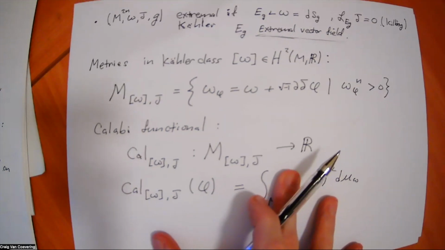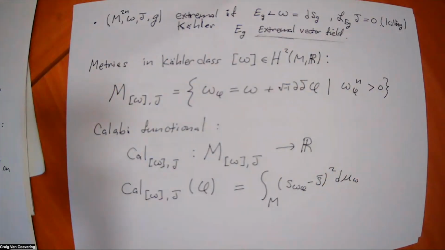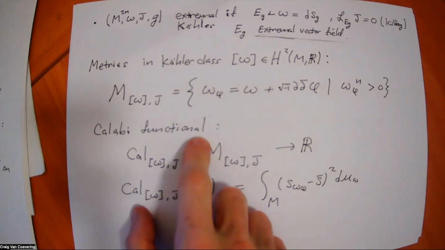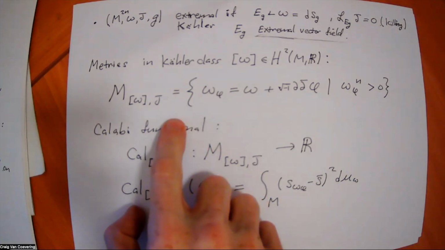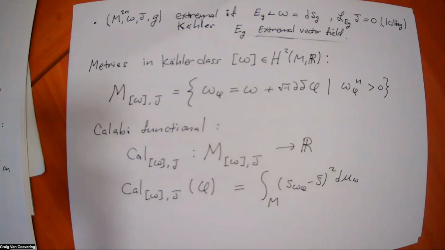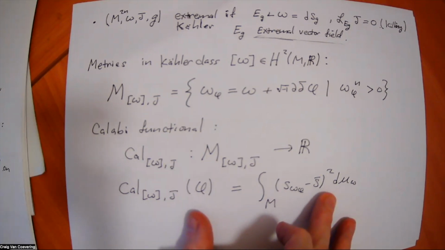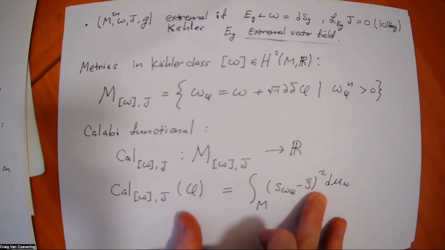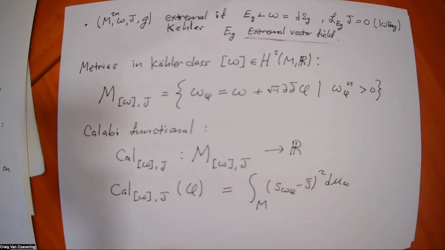Most of the literature uses complex notation, and soon I'll switch to the symplectic picture, because the project that I've been working on involves the symplectic picture of these metrics.